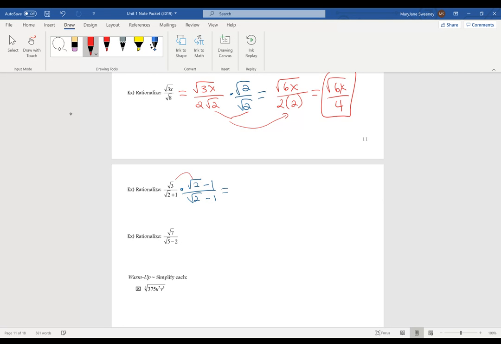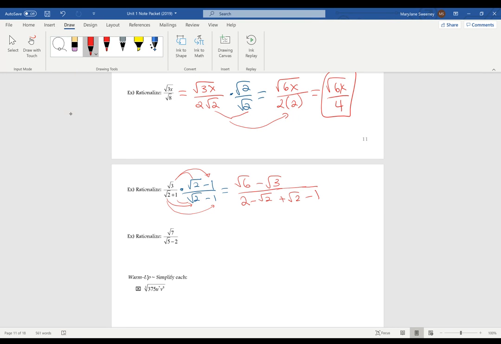Okay, so this times this, radical 6 minus this times this is a radical 3. Down here, we're going to have to FOIL. Radical 2 times radical 2 is 2. Outers minus radical 2. Inners plus radical 2. And last is minus 1.